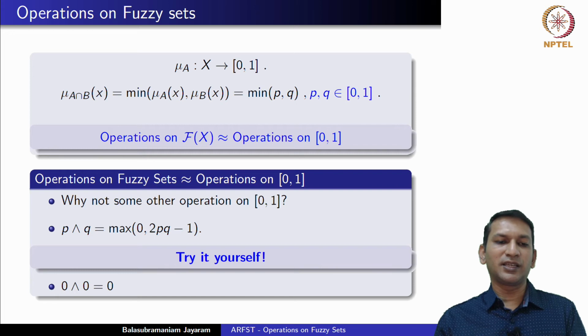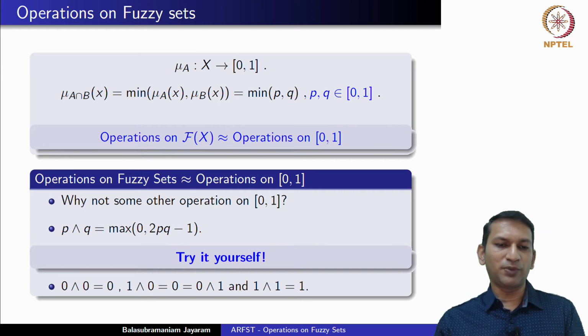Now, let's give the value 1 to P and 0 to Q. And what we see is, once again, max of 0, minus 1, which is 0. And so will be the case when Q is 1 and P is 0. So far, really good. Let's look at what happens when we give the values 1 and 1. We see that it is max of 0, 2 minus 1, which is 1.